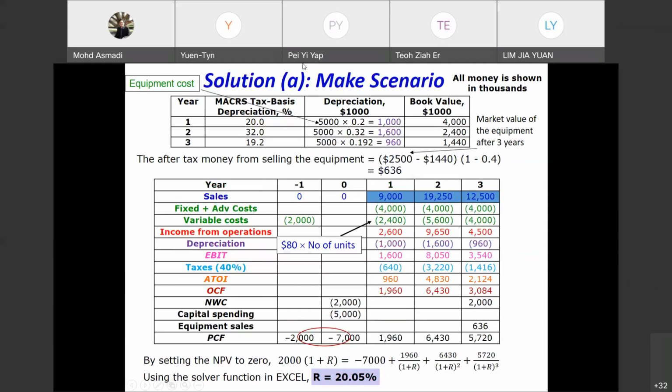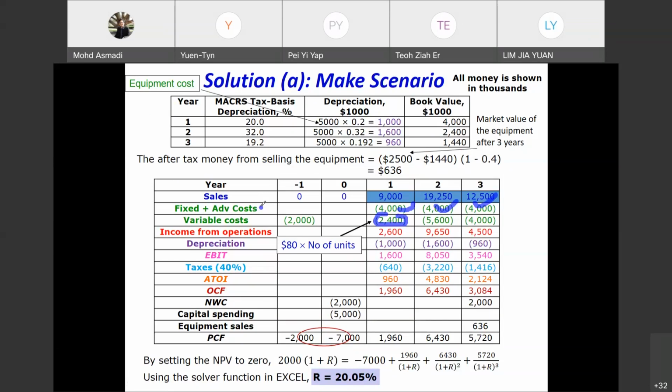And then advertisement cost is the same, right? Variable cost, the same, 5,600? Is it the same? Okay, look at here, 5,200. No, it's not the same.